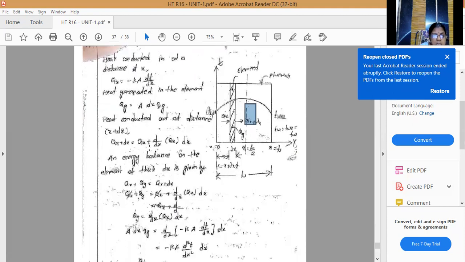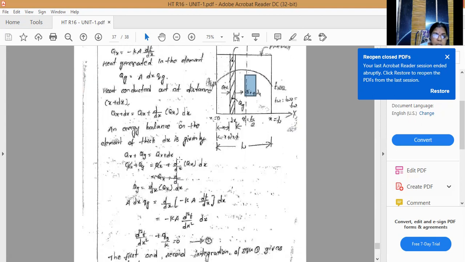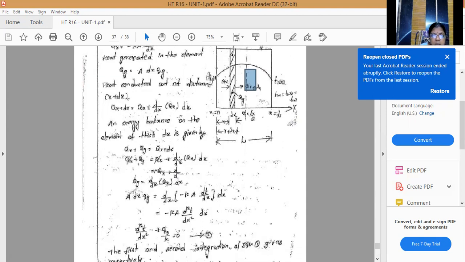So heat conducted at a distance of x plus dx. We already know there are some derivations, like the Cartesian coordinate equations, the spherical coordinate system, and the cylindrical coordinate system. Qx plus dx is taken from the Taylor series: Qx plus dou by dou x of Qx dx. So finally, the energy balance on the element of thickness is: what is the in term?